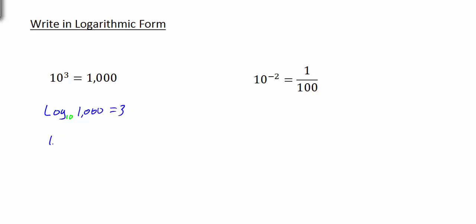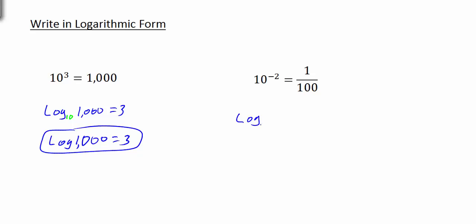So we would simply write this as log 1,000 equals 3. And again, over here, 10 to the negative 2 equals 1 over 100. The base is the 10, so that would be the log, understood to be base 10, of 1 over 100 equals our exponent of negative 2.